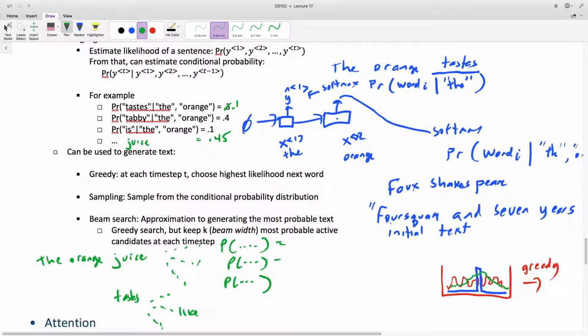So for instance, would we expect E of 3, 1 to be high or low? What does the 3 represent? The third word, the third pink word or the third white word? Cat. Yeah, so cat. And the 1 represents L. Do we think this is going to be high or low?